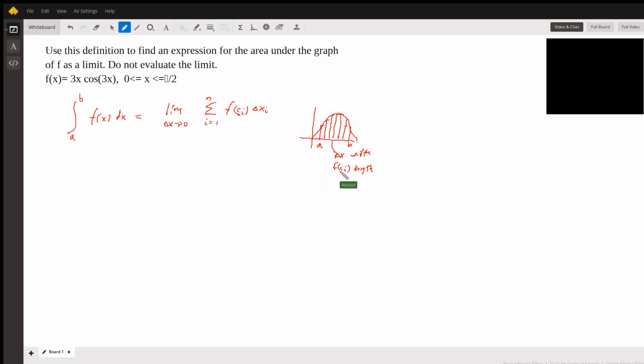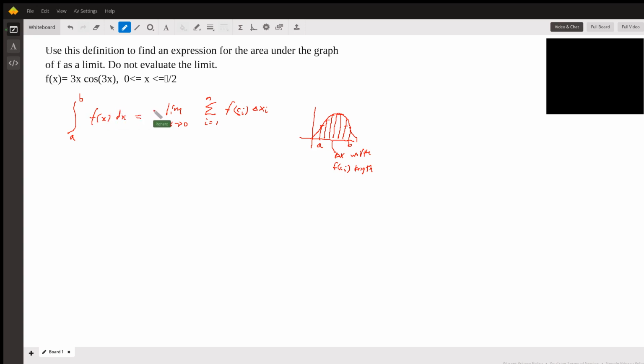If you make the width go to 0, then you have an infinite number of rectangles, and the sum of their areas will be exactly this definite integral, the area under the curve from a to b.